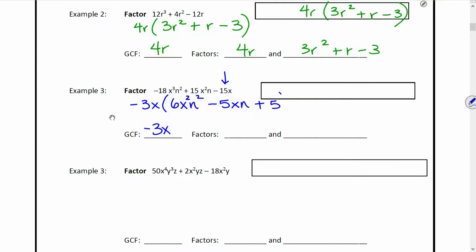Well, times 1 is x. Okay, so I just get 5. So negative 3x times 5 is negative 15x. So my factors are negative 3x and this 6x squared n squared minus 5xn plus 5. It's also written like it is here below in blue.